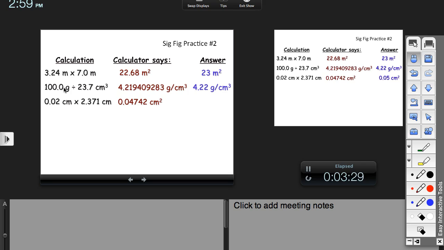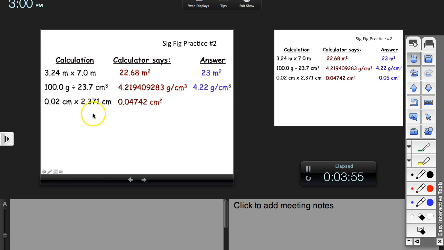Okay. About half of you, or maybe 60 or 70% of you, got this one right. So let's talk about it. This .02 has 1 significant figure. This has 4 significant figures. So is this 0 right here, in the 0.047, significant? The second 0 is not significant either.